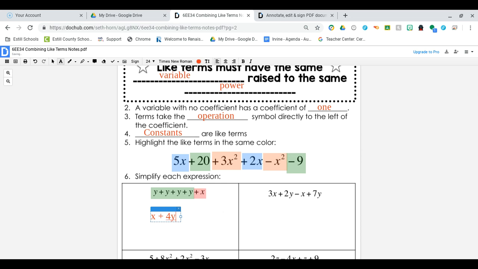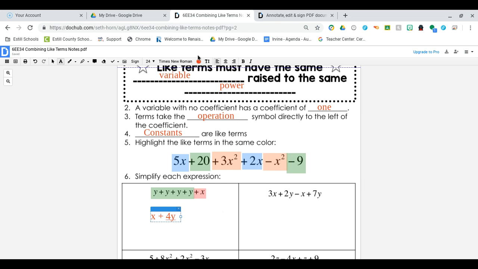Because if you remember back to number 2 in our notes, if it doesn't have a coefficient, treat it like it has a coefficient of 1. So that's 1y plus 1y plus 1y plus 1y, which is 1 plus 1 plus 1 plus 1, which is 4. Bring the variable with it. That's where the 4y comes from.